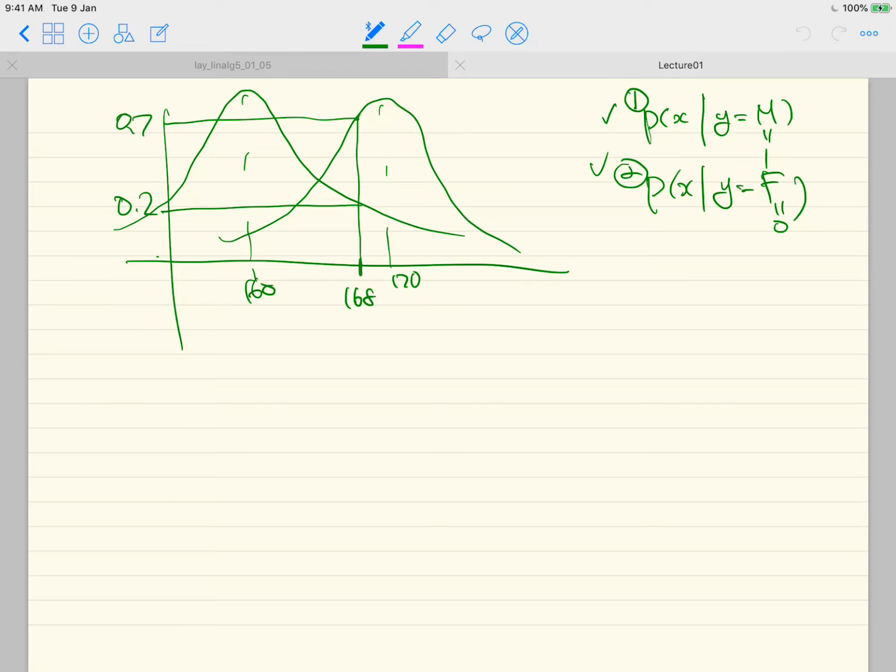So intuitively from this graphical representation, we just multiply this male probability by 0.6, which is our prior distribution, right?